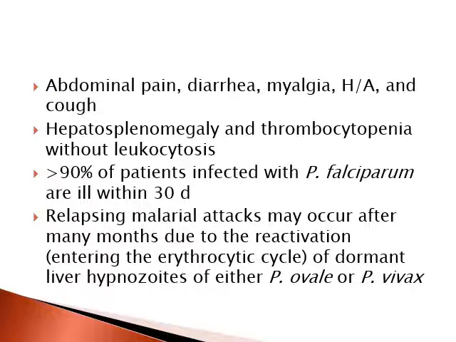Plasmodium falciparum has many complications, as we'll see later, but relapsing malarial attacks may occur after many months of cure due to reactivation of the dormant hypnozoites in the liver cells of either Plasmodium ovale or Plasmodium vivax.